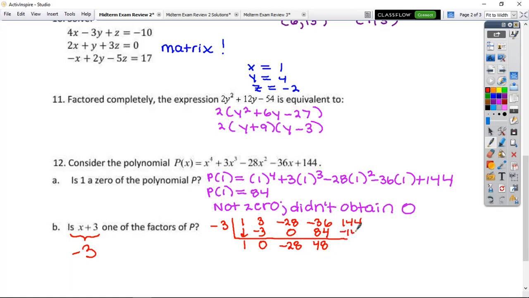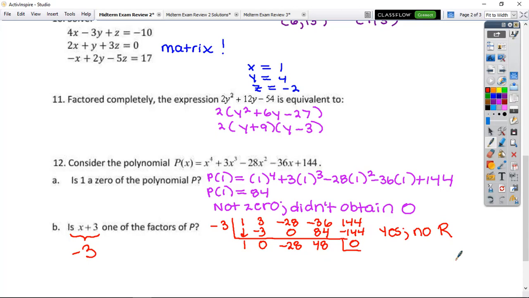And it works. So is it a factor? You are going to say yes, no remainder. So that one divided evenly. Do we feel better on number 12? Those of you that forgot that one? Yes, it's just synthetic division or substitution you're choosing.